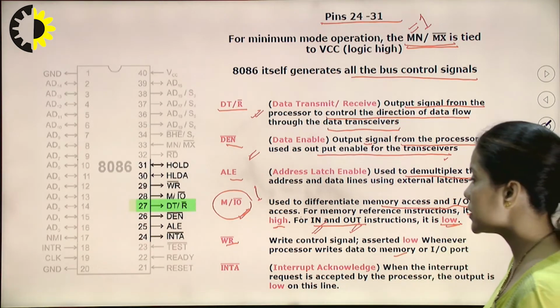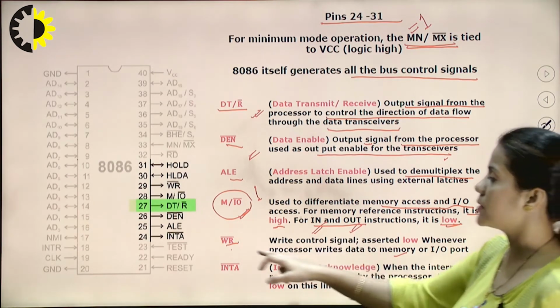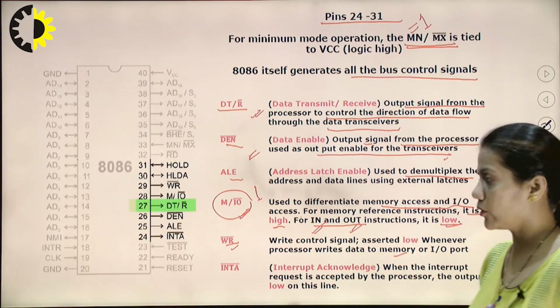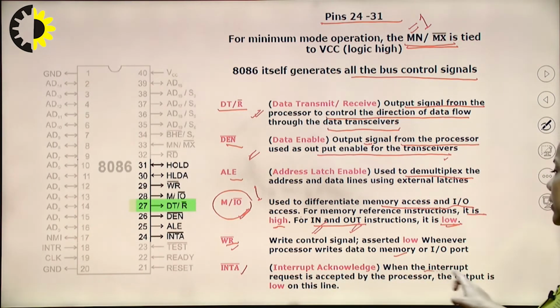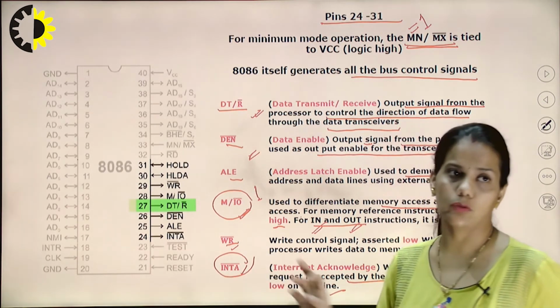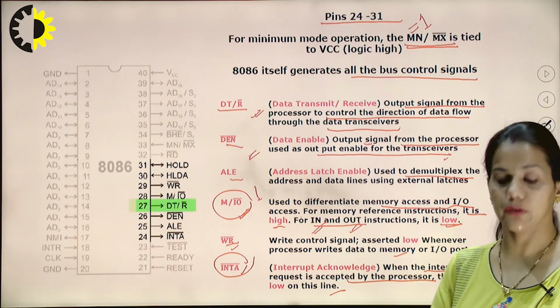In both cases a write operation is performed, and this signal is asserted low because it is an active low signal to indicate the write operation. Now this is interrupt acknowledgement. When the interrupt request is accepted by the processor, the output is low on this line. Why low? Because this is active low. This is used to indicate the acknowledgement of the interrupt.